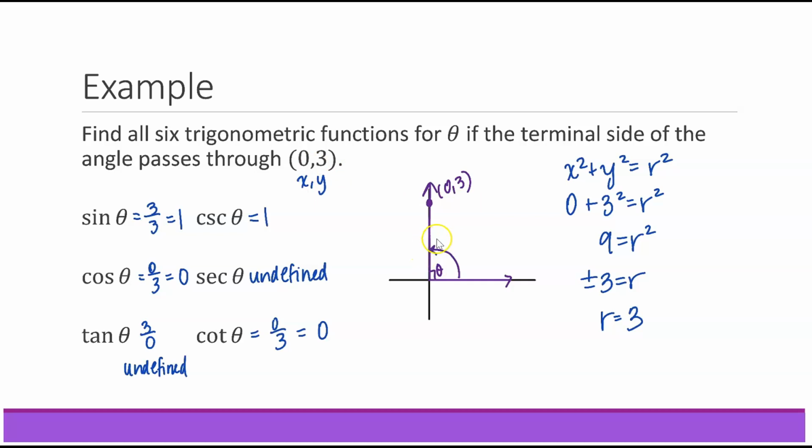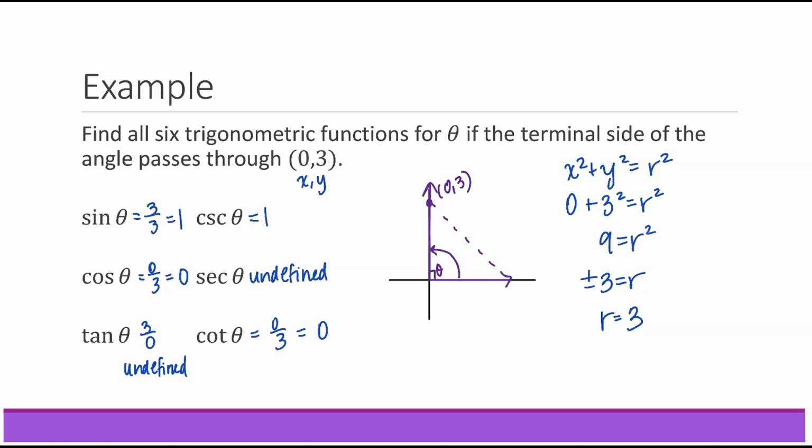And here, I actually cannot form a triangle. If this is my angle theta, I can't form a triangle using this angle theta as one of my interior angles. Sometimes students think, oh yeah, I can form a triangle right here.